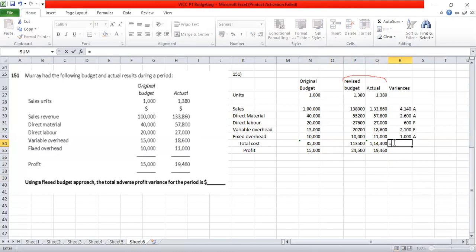This is adverse. This is more than the 900 adverse. What about the profit? Profit is less than the budget.